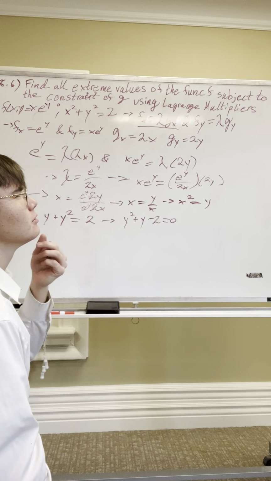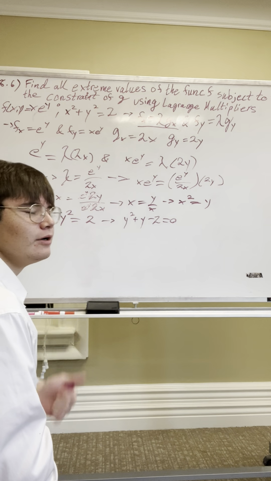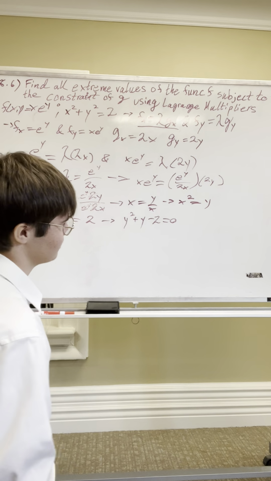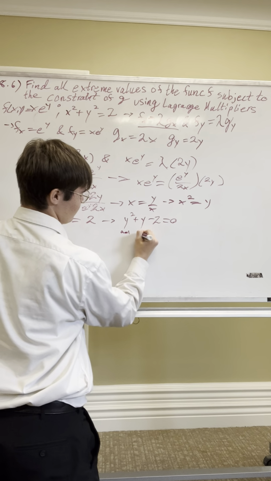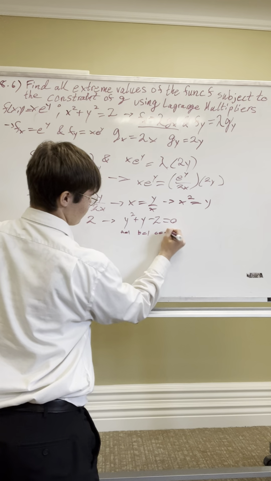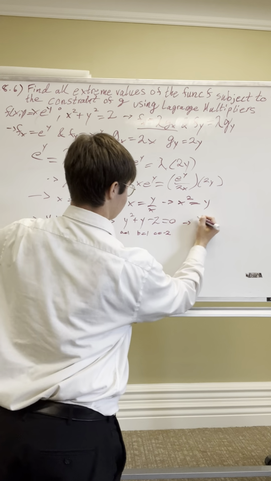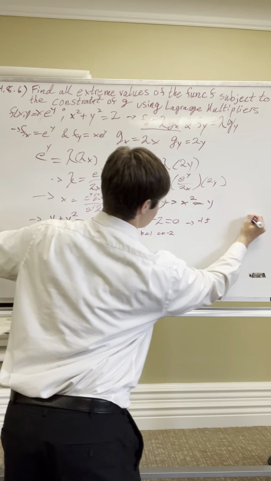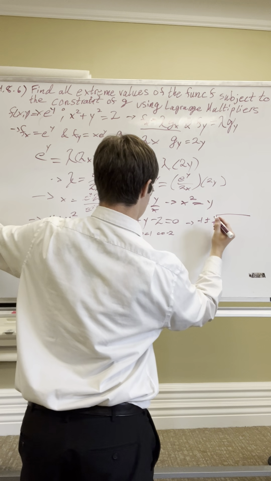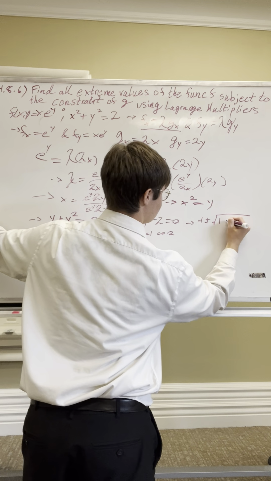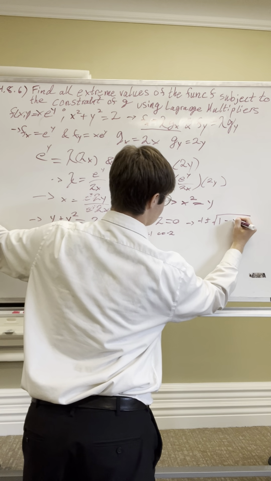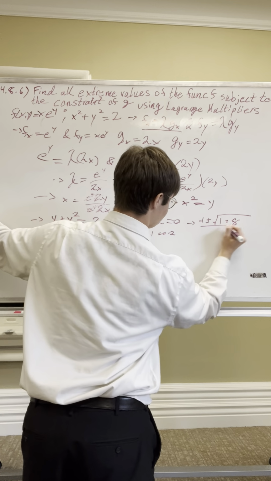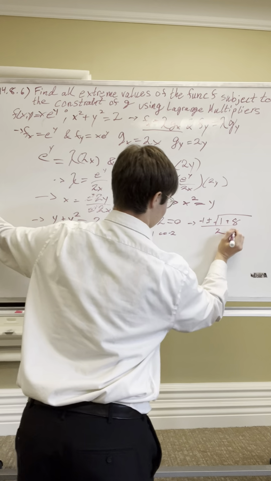What do I know that could help with this? Oh, the quadratic equation. So our a equals 1, b equals 1, and c equals -2. Plug that in, we get -1 plus or minus the square root of 1 minus 4 times 1 times -2, so it's 1 plus 8, over 2 times a, which is just 1.